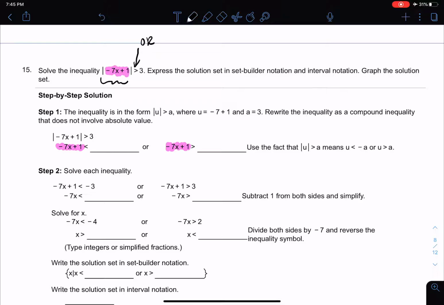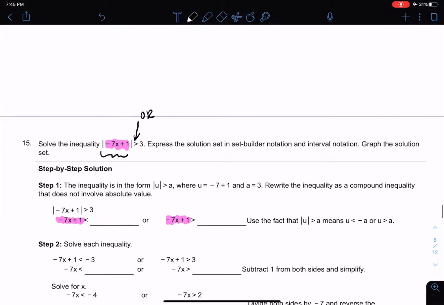Now, what I like to be thinking with these OR problems, when you see greater than, it's an OR problem, which means it's going to have this look of going this way and this way, greater than the distance. And when you see that little 3 there, you know that means that's negative 3 and that's positive 3.